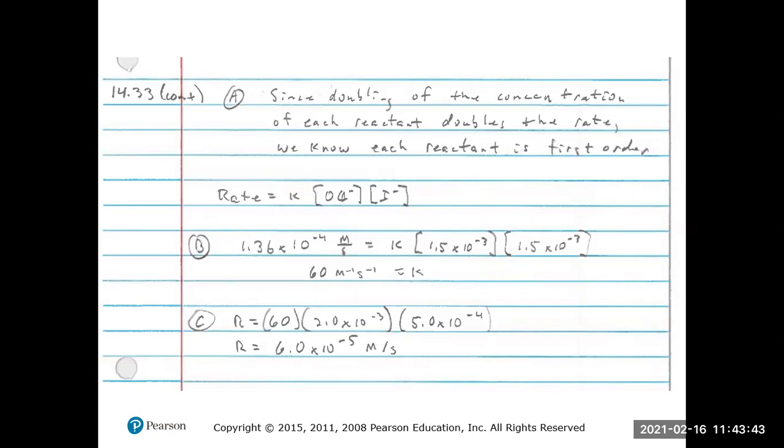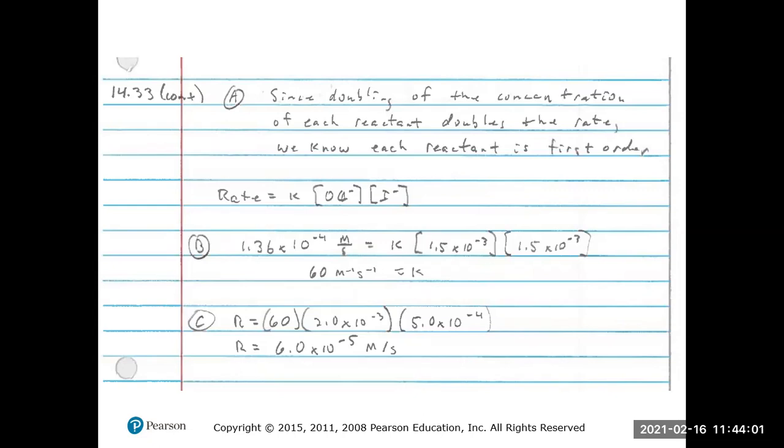So now we've got a rate equation that we can work with. We figured out the orders of these based on the experimental data that we generated. Then the next question on this is, go ahead and calculate a rate constant.